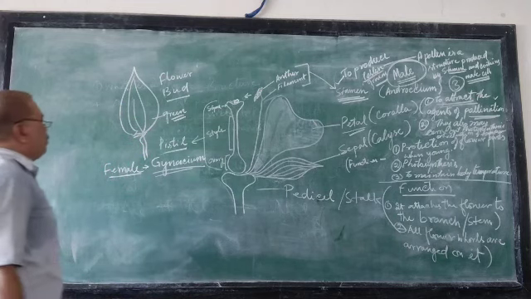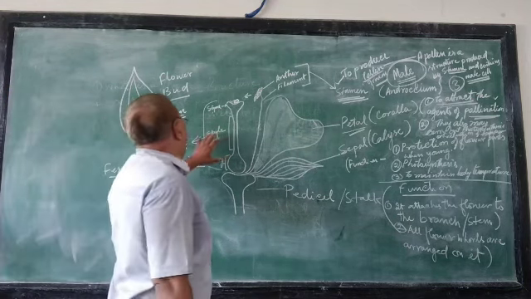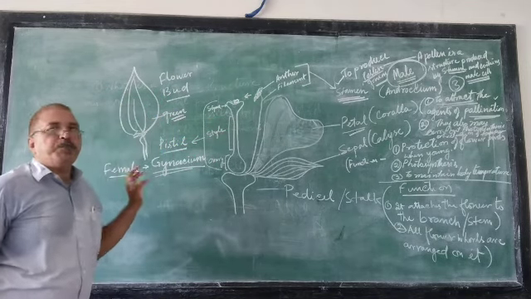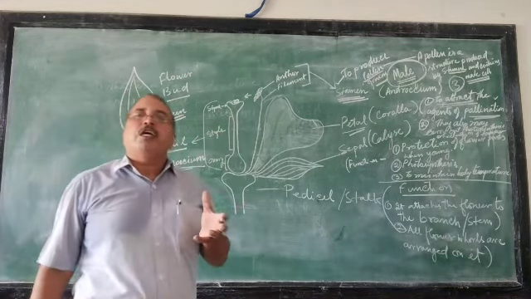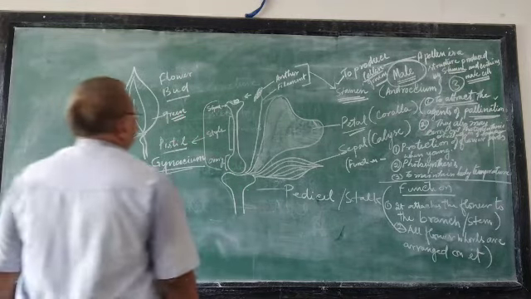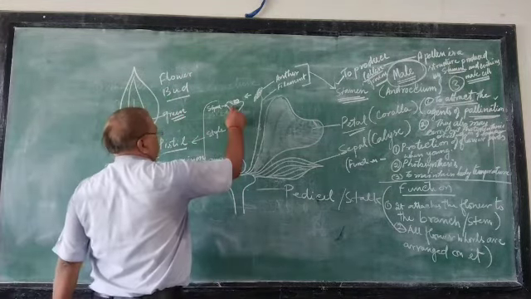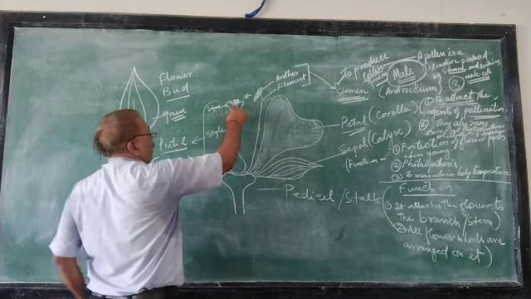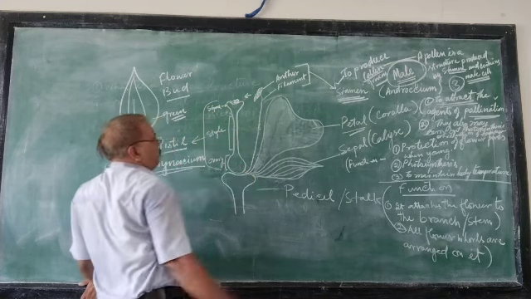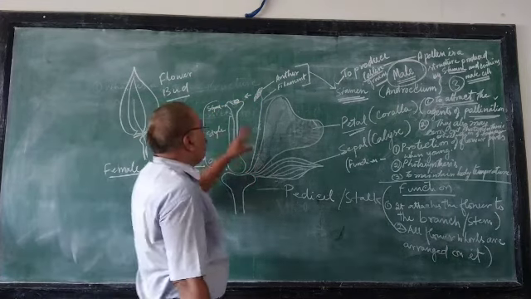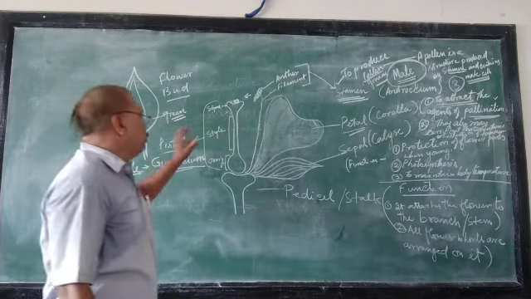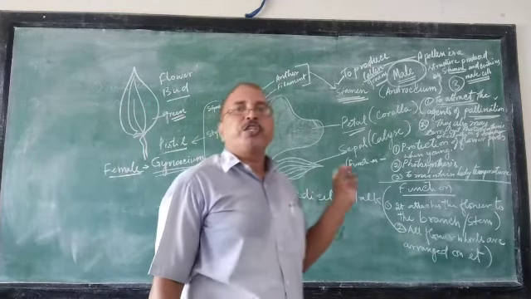So this stigma is part of the pistil and it has many functions. So you can say the main function is to carry out this, right? So its stigma receives the pollen grains from anthers. Now, how do these pollen grains come to this stigma?